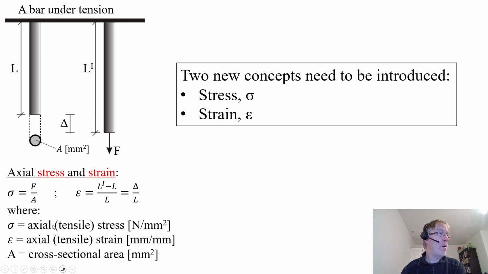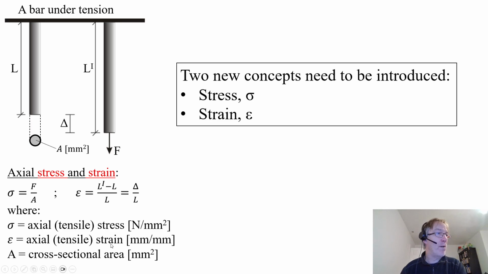And the units for axial stress is newtons per millimetre square, which is force over area. So force is, for example, in newtons, and the area is that cross-sectional area. So we can see the stress is the stress on that area there, anywhere in that rod.